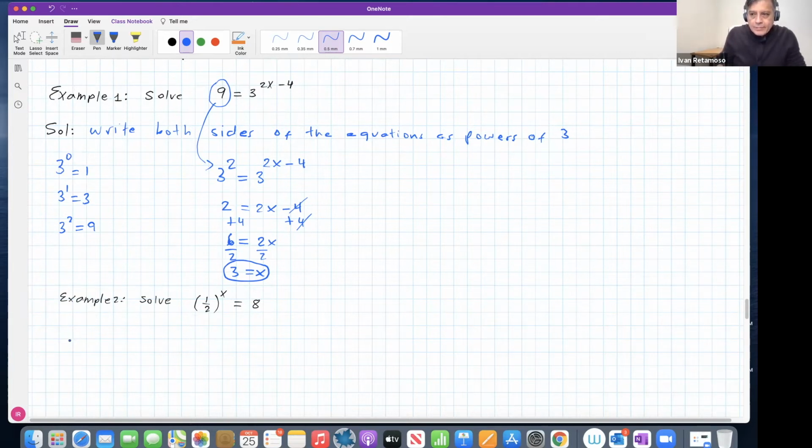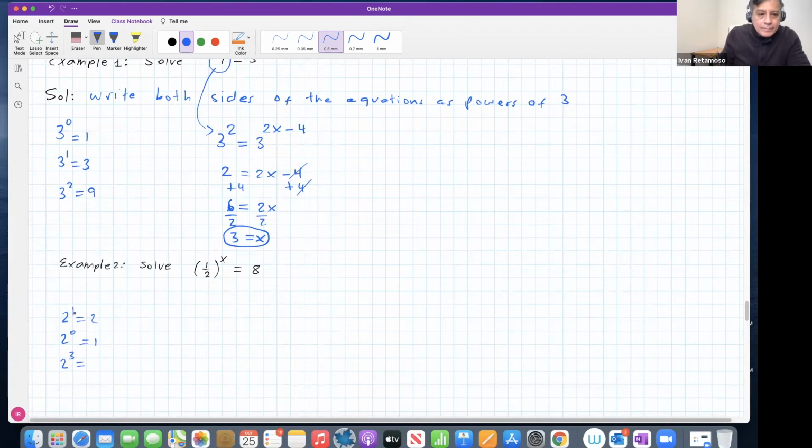Run the powers of 2. 2 to the first power 2, 2 to the 0, 1, 2 to the third power, 2 to the second power 2. Yeah, let's do it in order better. And eventually, when you get to the power of 3, you will get that this is just 8, right?